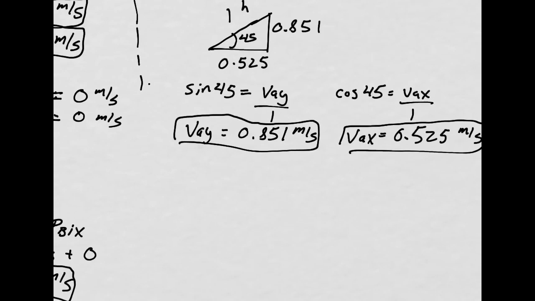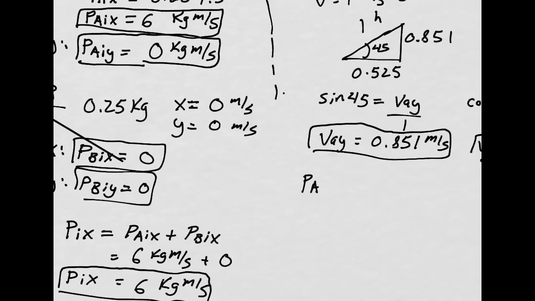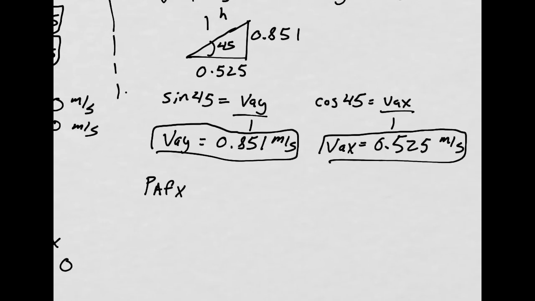Which means that P_A final x is equal to 0.25 times V_AX, which is 0.25 times 0.525, which is 0.13125.